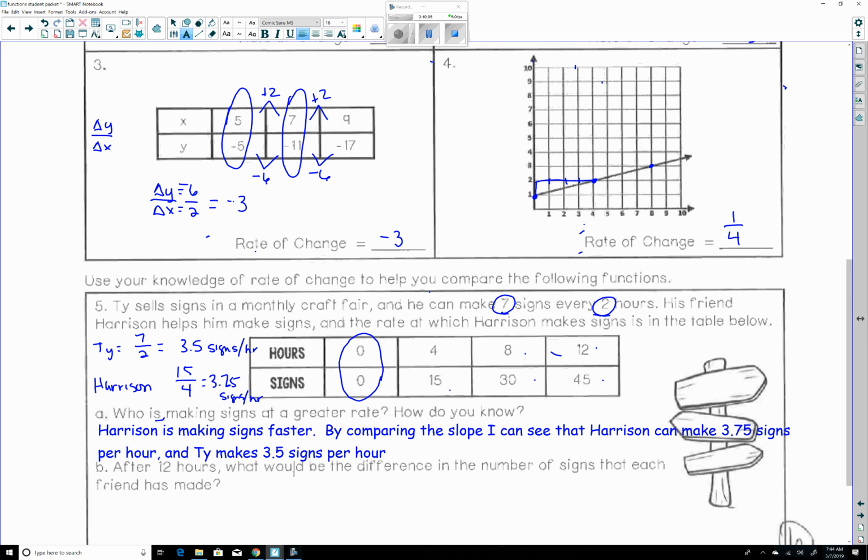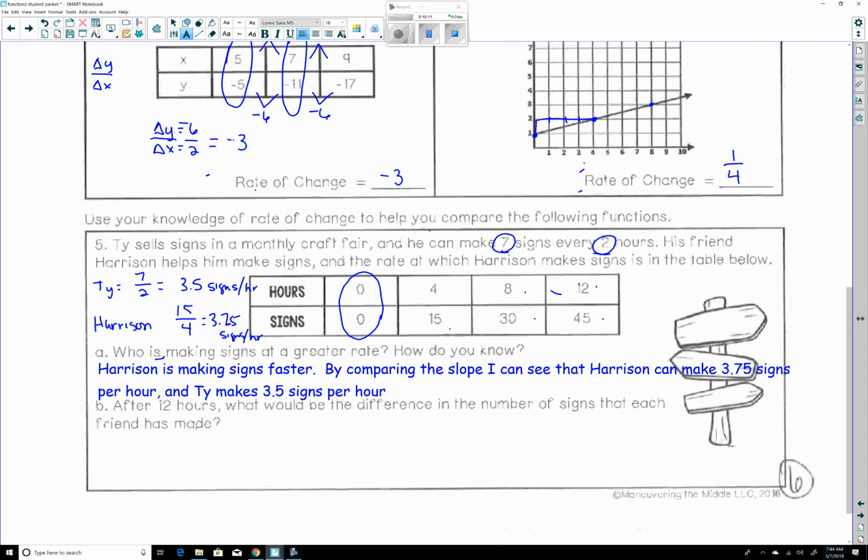Okay, after 12 hours, what would be the difference in the number of signs that each friend has made? Now, you could, at this point, figure out how to write an equation from this table. When x is 0, y is also 0, so it's going to be a proportional equation. I'm only introducing this right now because we've done things like this before.